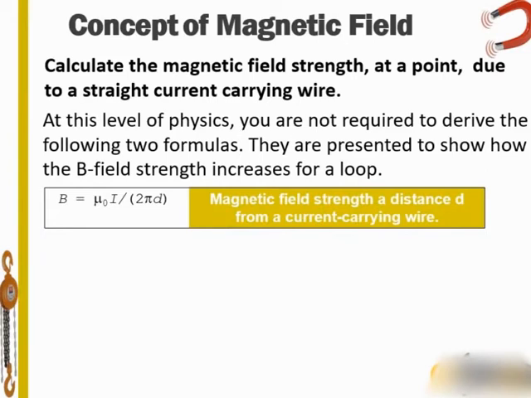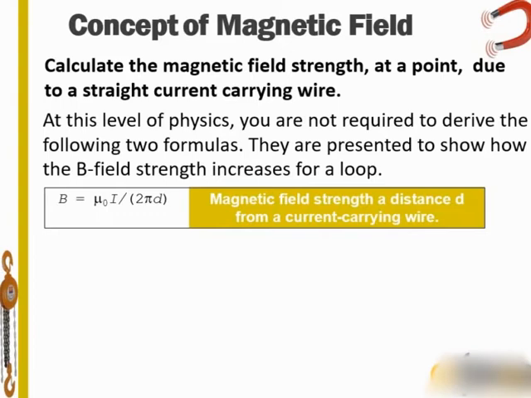But let's have a look at how we would do the calculations to find the magnetic field strength at a point. What's very important to notice is that you're going to be given some formulas. And at this level of physics, you're not actually required to be able to derive the following formulas that I'm about to show you. They are presented just to show how the magnetic field strength actually increases for a loop.